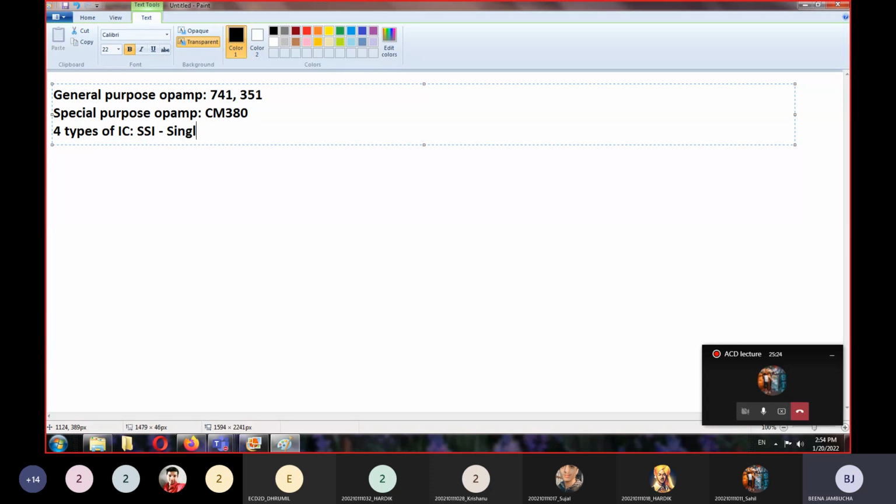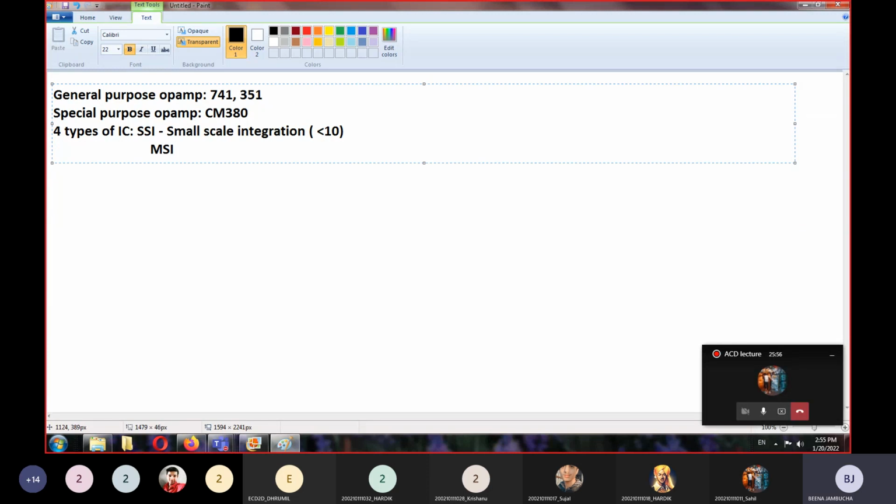It is small scale integration. When in any IC the number of components is less than 10. In the very early time in the 1960s when ICs came up, the number of components was less than 10 inside it, and they were called small scale integration.